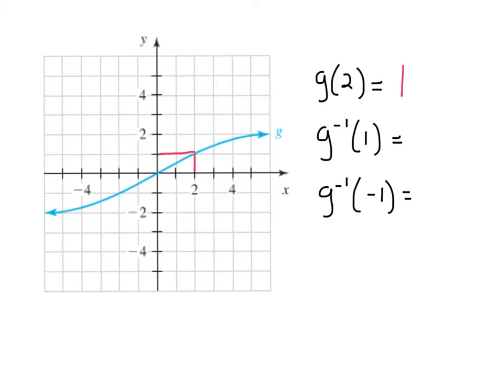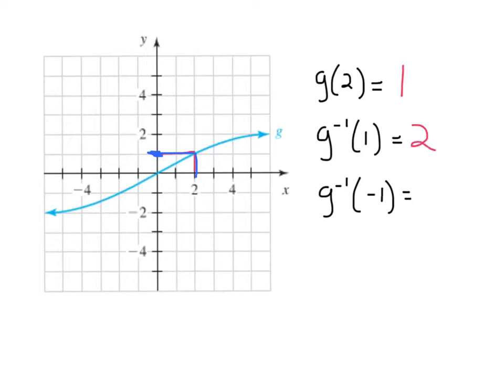So you're really looking for an output of 1, or a y value of 1 on the original function. And so that would be right here on the graph. And so we go over to the curve and back down, and you see that the answer there would be 2.